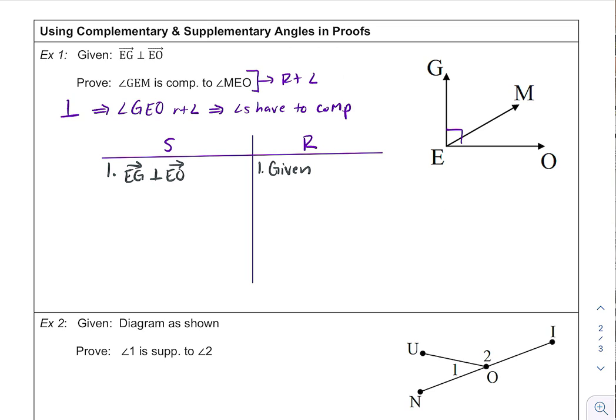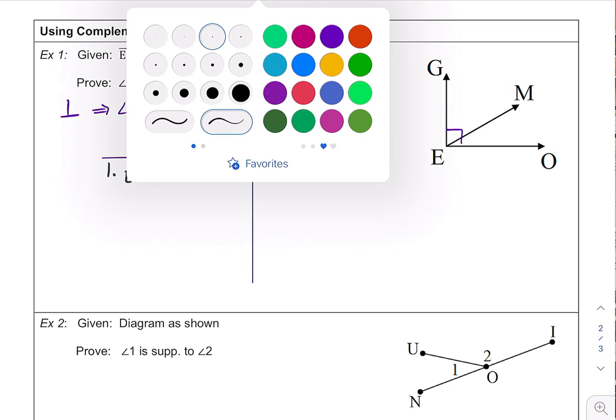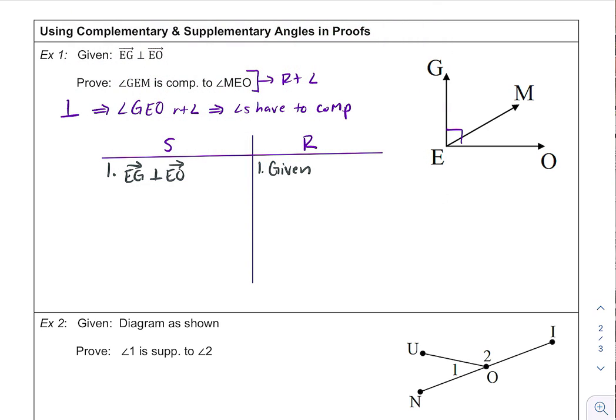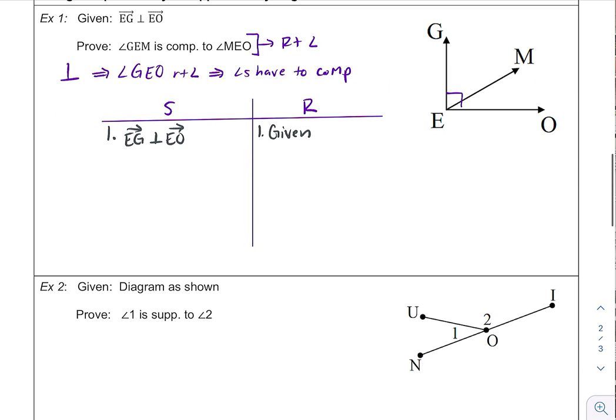Okay, so next up, whenever you see perpendicular lines, I sure hope your mind goes straight to right angles. If it does, we want to make sure that we state that. So that was the next step in our logic chain. We went from perpendicular in our mind to right angles. So let's make sure we prove it, that because they're perpendicular, I know it's a right angle.